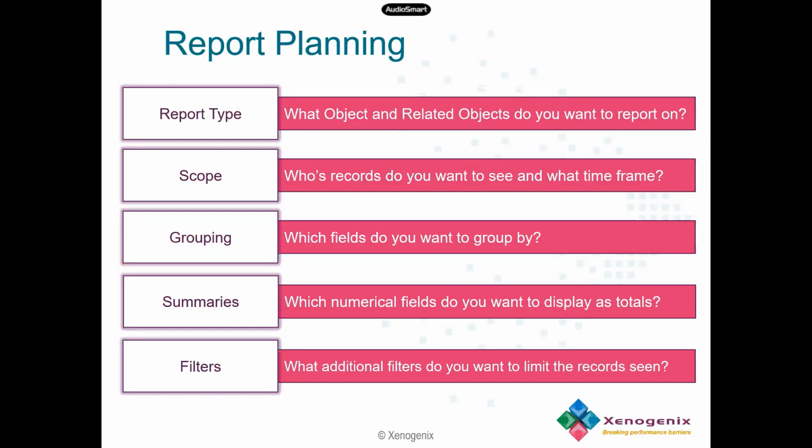Have a think about, do you want to group your data by any fields? For example, do you want to see all of your leads grouped by lead source so that you know where your leads are coming from? Have you got any numerical fields in your data that you need to see the totals of? And also, are there any additional filters? So do you need to drill down any further or leave out certain records for any reason?